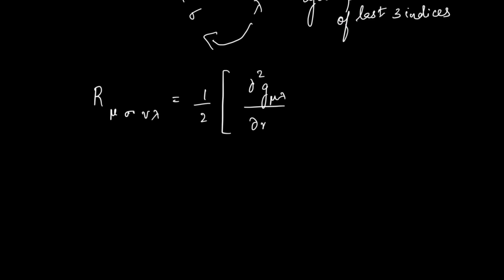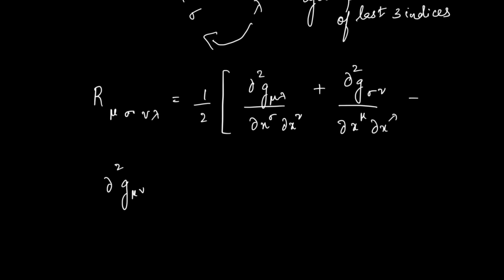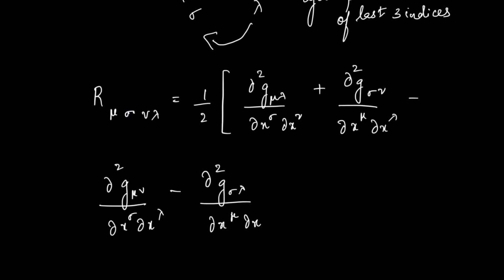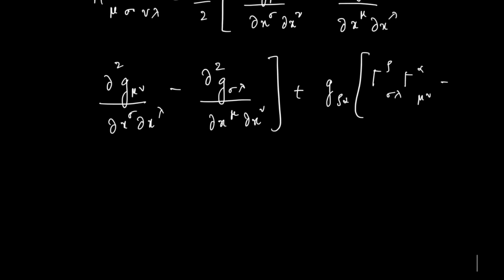g mu lambda with respect to x sigma x nu, g sigma nu with respect to x mu, g mu nu with respect to x lambda, minus g sigma lambda with respect to x nu, plus g rho alpha, minus, let this be equation number 2.